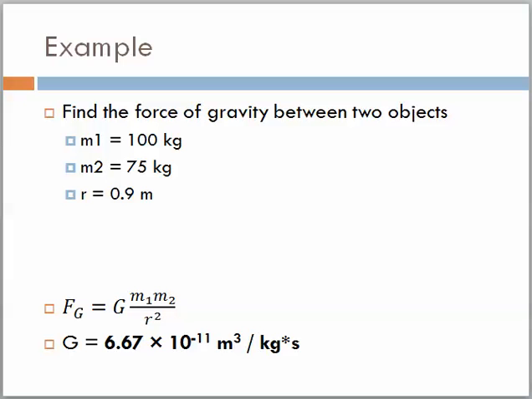Well, an example. How would we go about finding gravity between any two objects? Well, let's say that we want to find the force of attraction between a male and a female. To go about this, we would simply plug them into our equation, because this male and female are just simply masses.